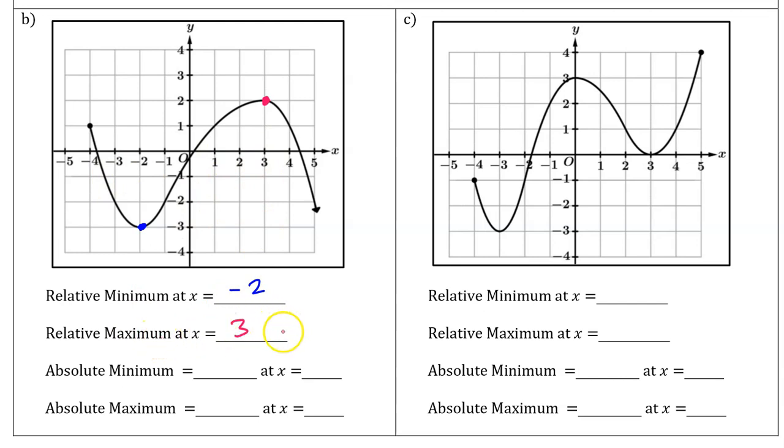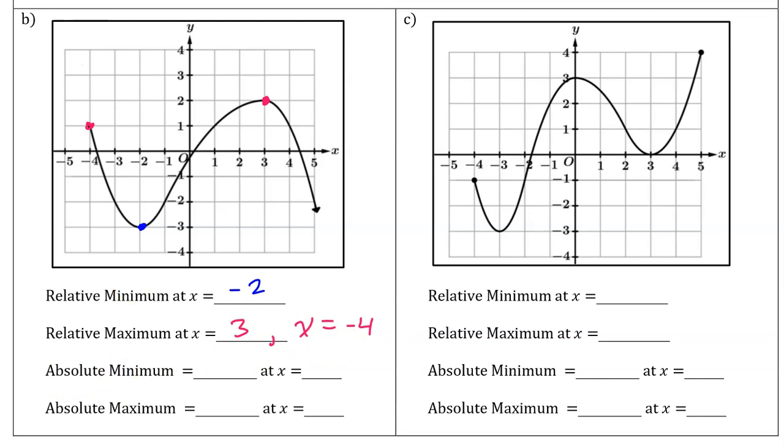There is another one. Because of the limited domain, the top end of this left side of the graph is also a relative max. So I feel like I should put a comma and put x equals -4, because that's another location of a relative max.